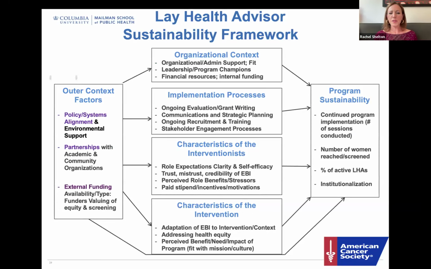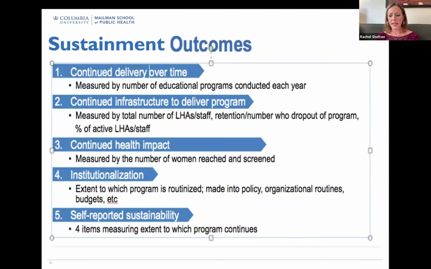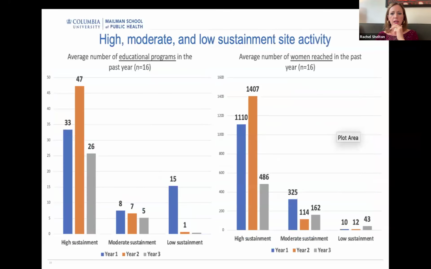And we knew all of these were important, but we said, which of these factors actually might predict long-term sustainability? So we received some funding from the American Cancer Society. We had 16 sites across the country engaged with this work from the Witness Project. And we tracked different indicators of whether or not the program was still active, were they still delivering the program, how many lay health advisors were still active, and was it being maintained over time.